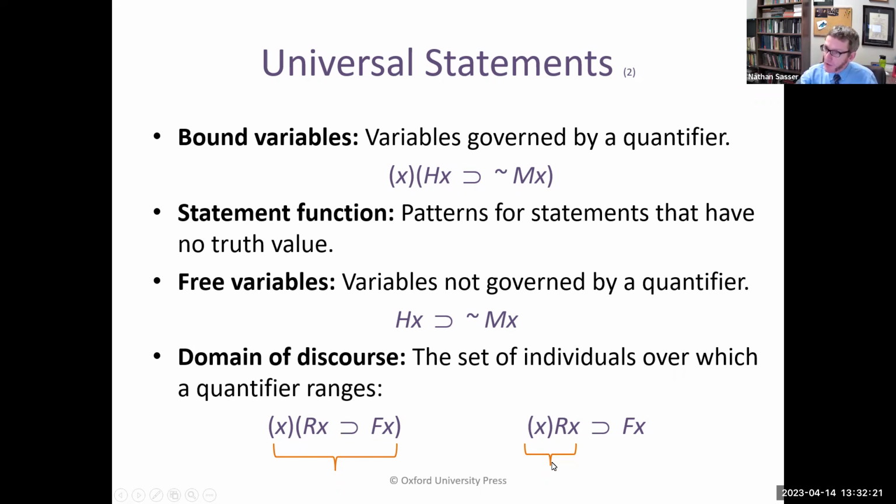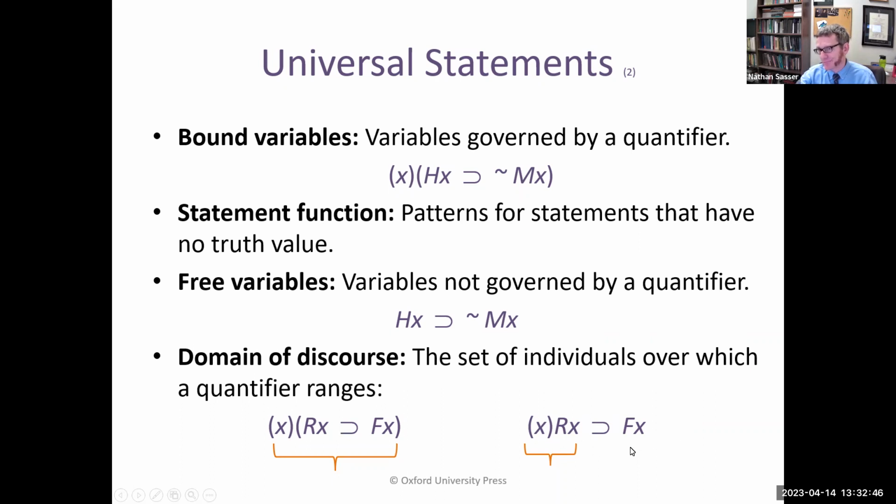So for example, if we have a statement like this one, for all x, Rx, then Fx. The quantifier, for all x, doesn't govern the consequence here. The x that are F, that's a free variable right there.